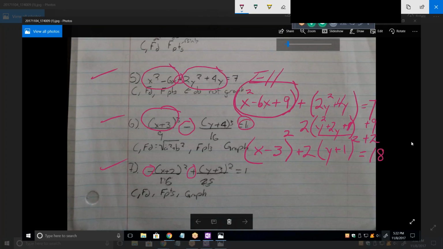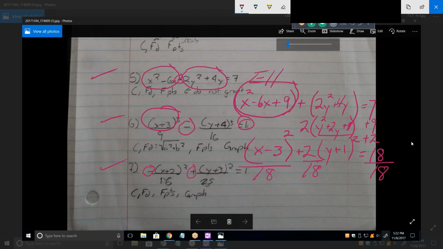Whenever that number is not 1, you always do exactly the same thing, which is to divide both sides by that number. Notice if I divide both sides by 18, I'm going to turn that 18 into a 1. Okay. Makes sense.